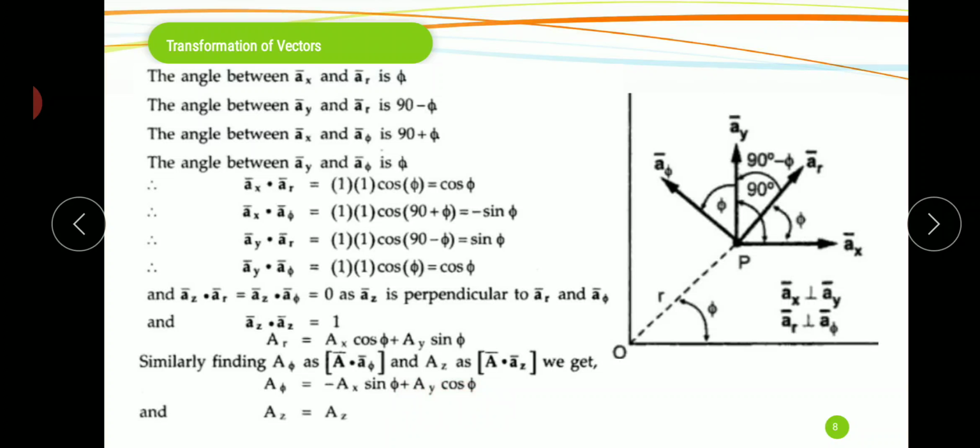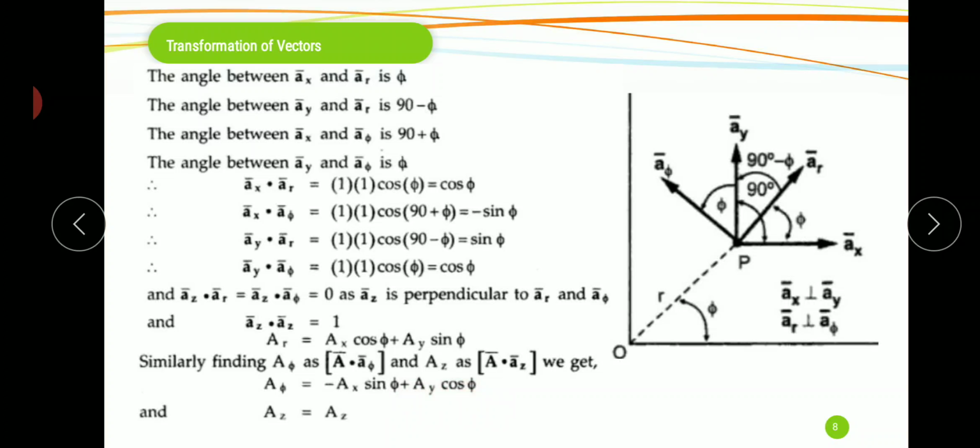So a phi in terms of ax, ay is minus ax sin phi plus ay cos phi, and az value is equal to az. Why? Because r and phi are variables along x and y, but z is a variable along the z axis. So finally the az value is equal to az.